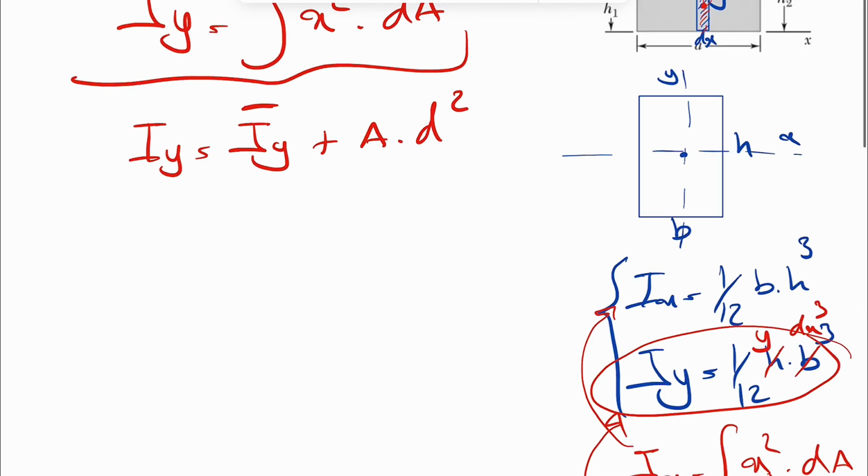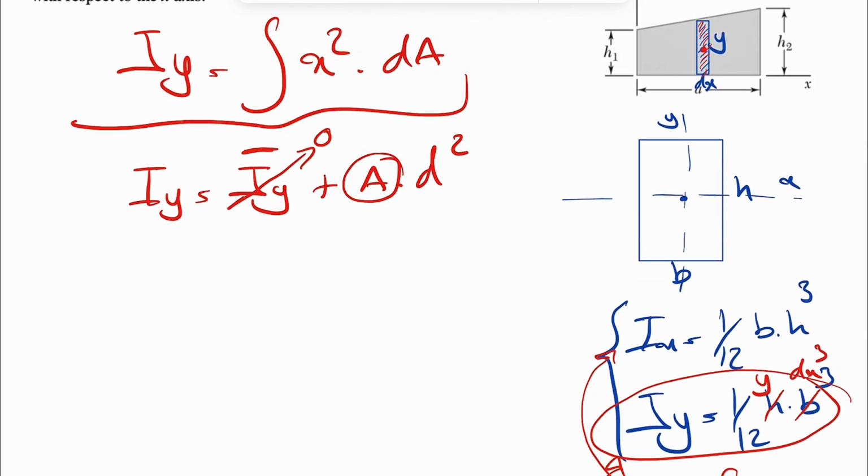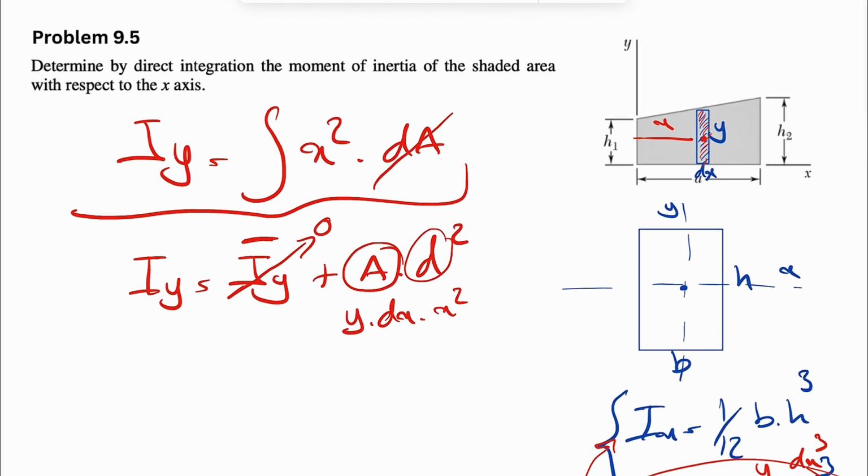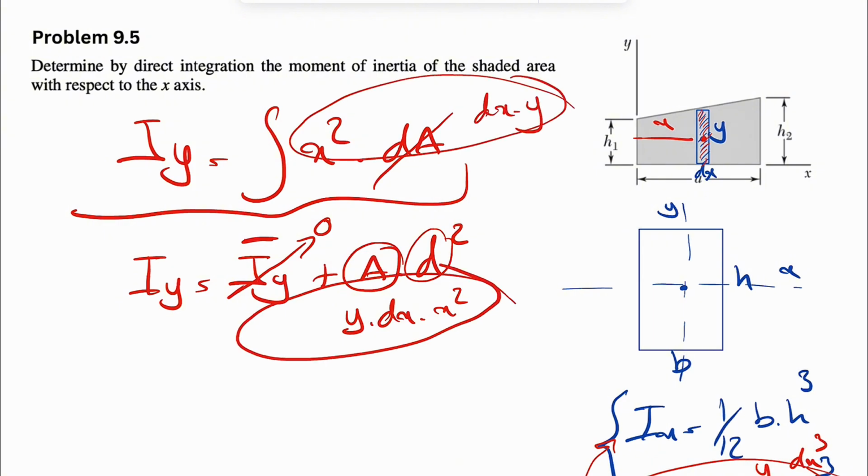Our dx is already a tiny value, so this is going to be 0, which means the moment of inertia here would be 0, and A would be the area of this strip, which is y times dx, and d is basically the distance to the y-axis, which is x squared. We define dA in here, basically y dx, so we got to the same value.